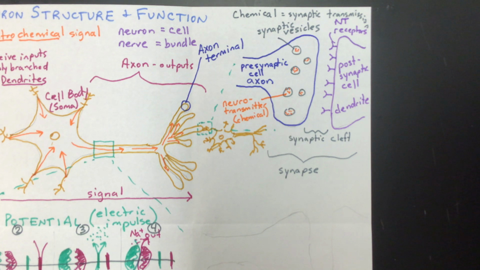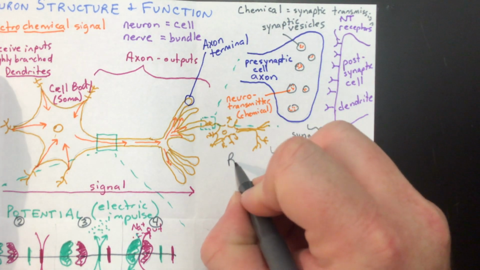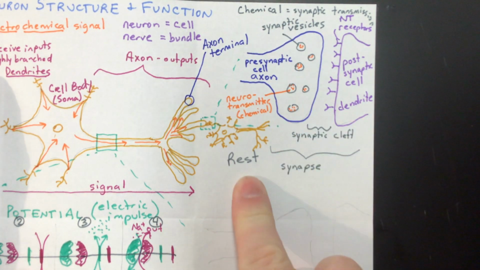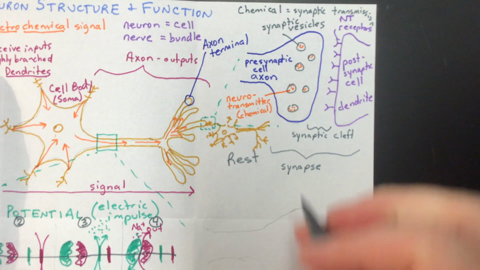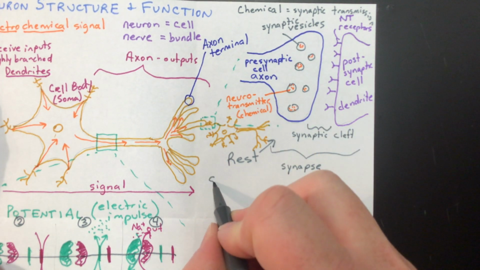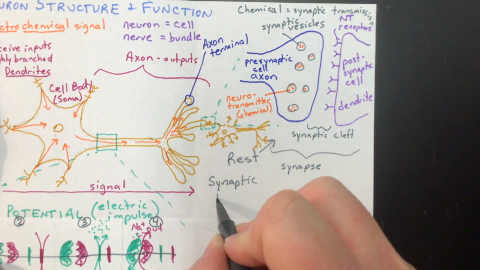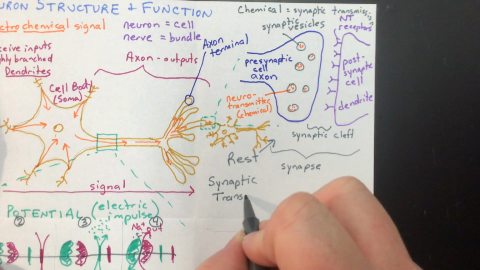All right, let's talk about this process in a little bit more detail. So this neuron would actually be what's happening at rest. Everything is ready to go up here. And down here, we're going to draw and outline the steps of synaptic transmission, that chemical signal part.